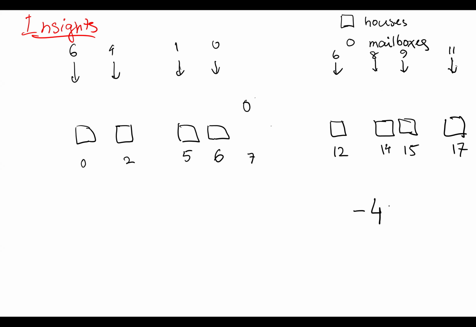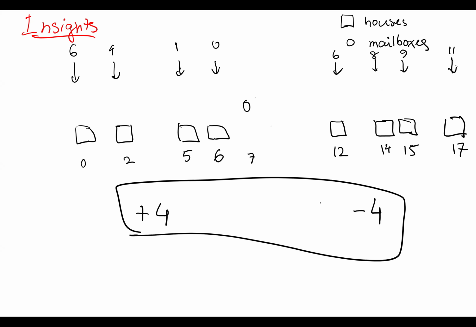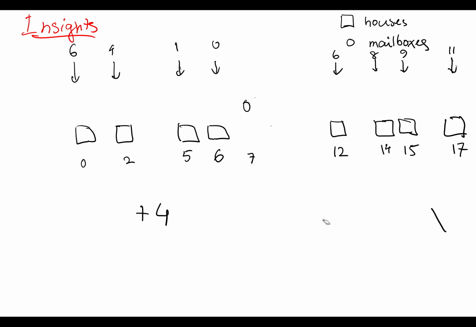But here each one actually has more distance, so in total there is an additional 4 distance added. So if I add these two, they actually cancel each other out. So there is no value in moving this mailbox one step to the right.